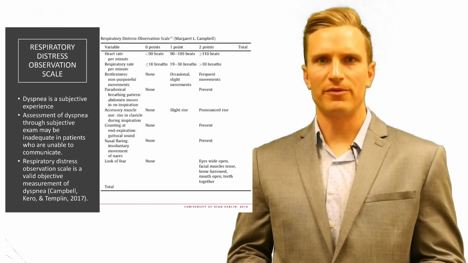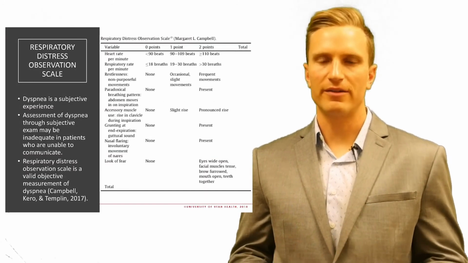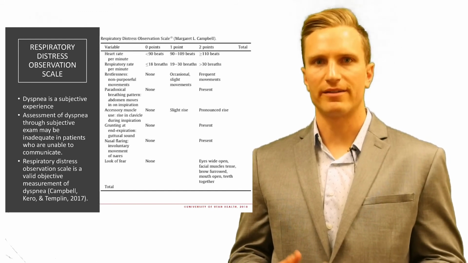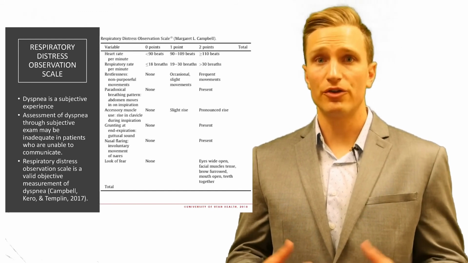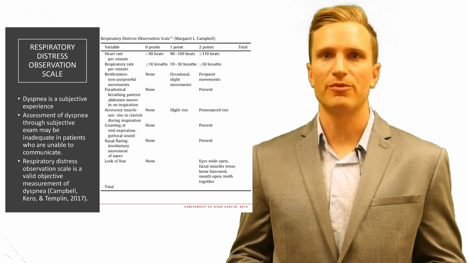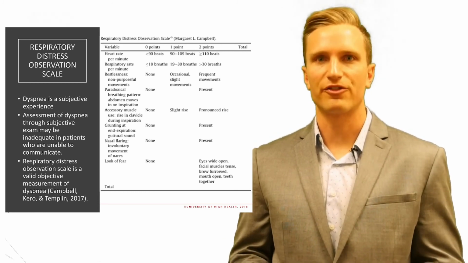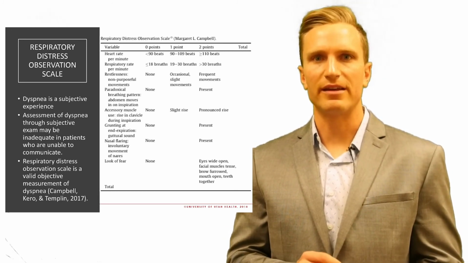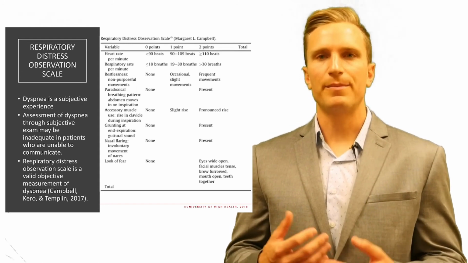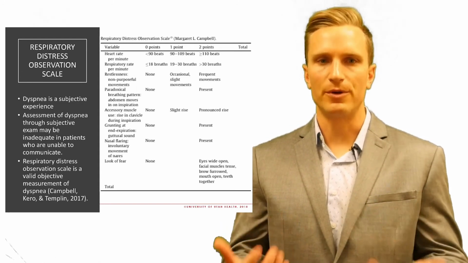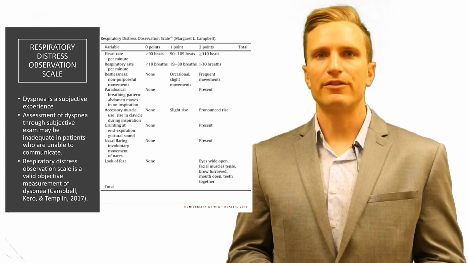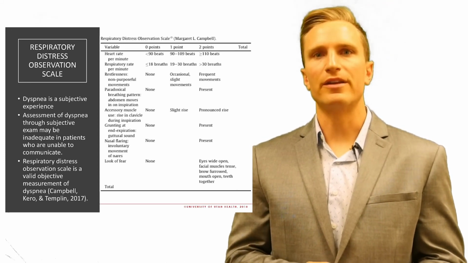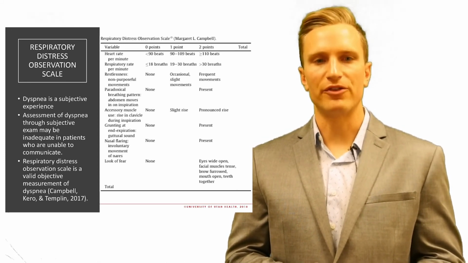As I stated before, dyspnea is a very subjective experience, and if your patient is cognitively intact, you can just ask them, are you feeling short of breath? Do you feel like you aren't getting enough oxygen? But oftentimes in end-of-life care, these patients are not able to communicate that type of need. And so there's a tool out there called the Respiratory Distress Observation Scale.